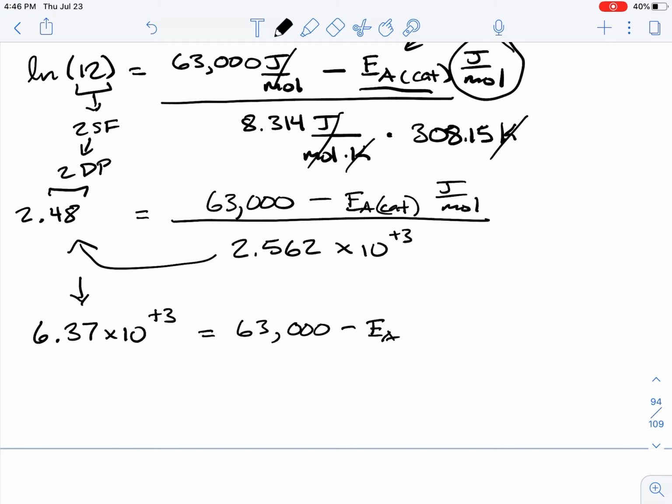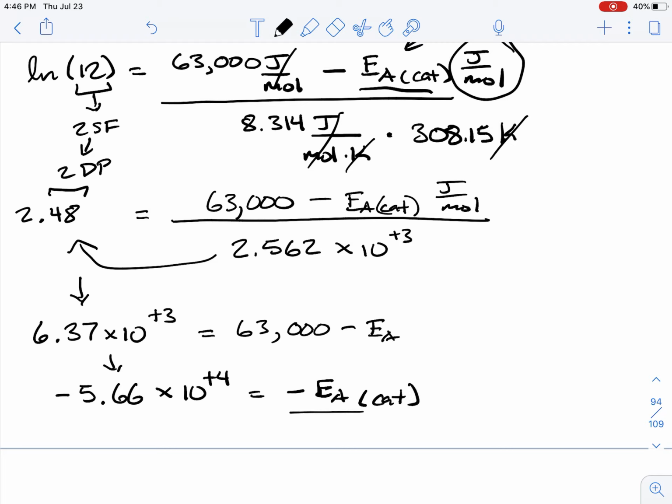Okay. And so I'm simply going to subtract both sides by 63,000. And so what I get is going to be negative 5.66 times 10 to the positive 4. And that's going to equal negative EA of the catalyzed reaction.